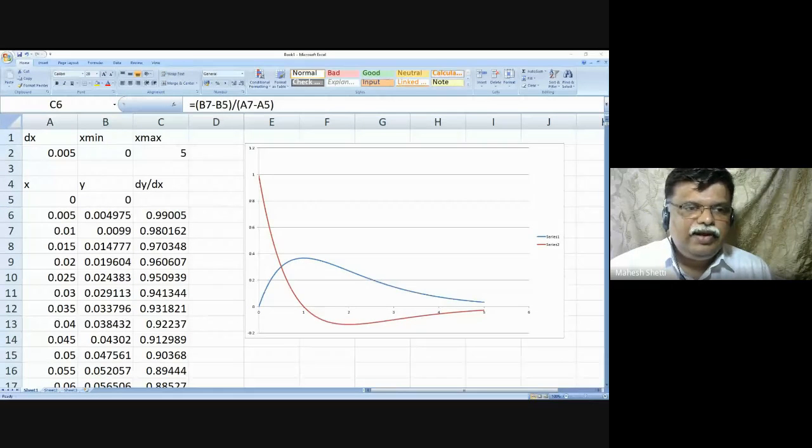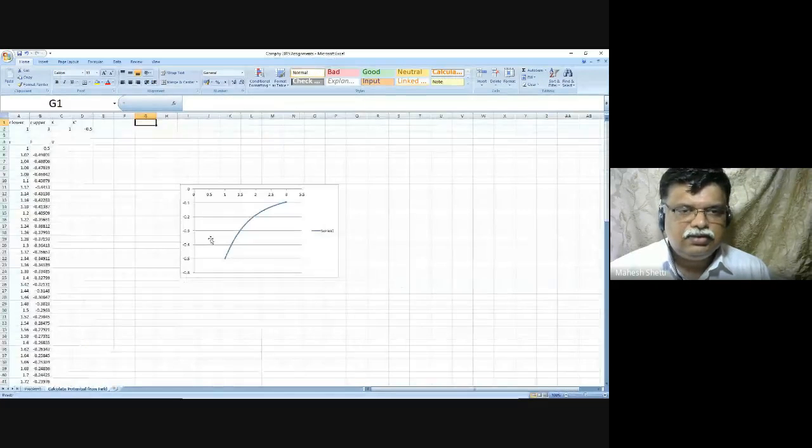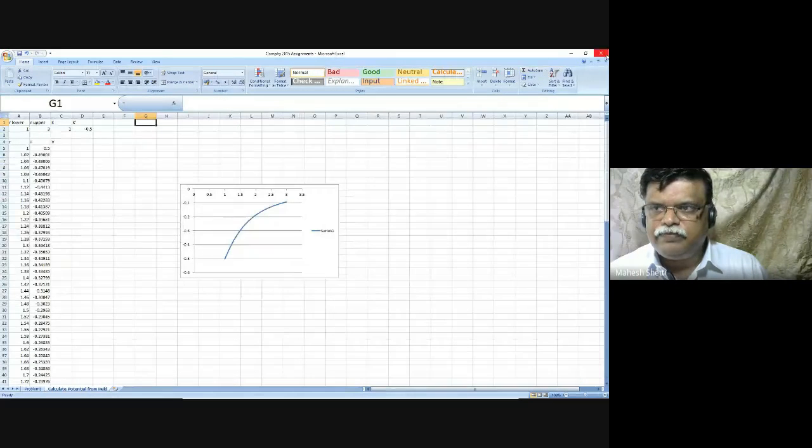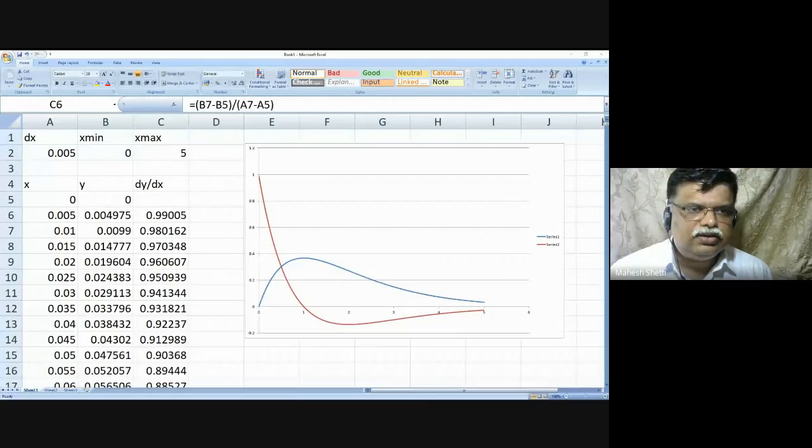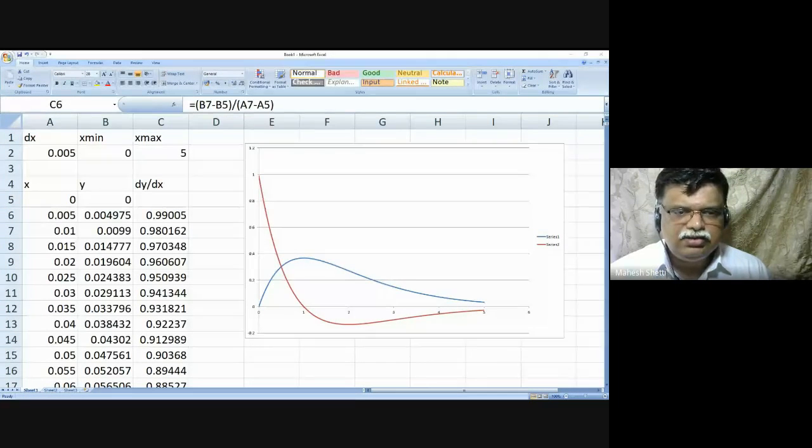Okay. So let me just take one particular problem where we are interested in finding out the potential function and the minimum of the potential function.